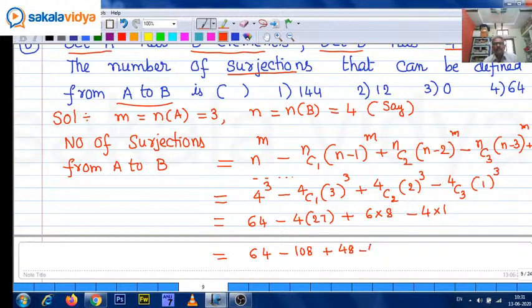So that means how much will you get? 108 minus 108 minus 4. So no negative terms, that means 0. This we can write 0. That's why it is the third option.